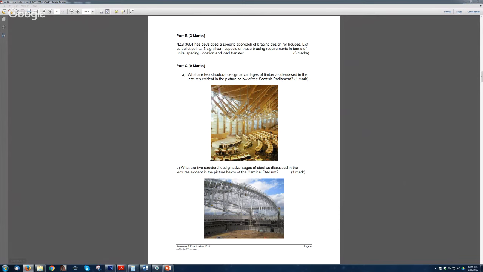Can be prefabricated, fast construction. If you have anything else, just add it in the group chat. But yeah, it's all in the lecture. Yep.